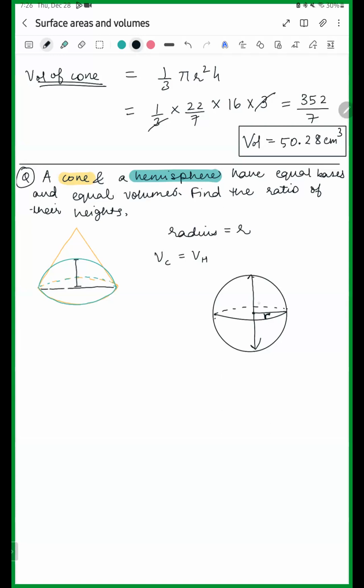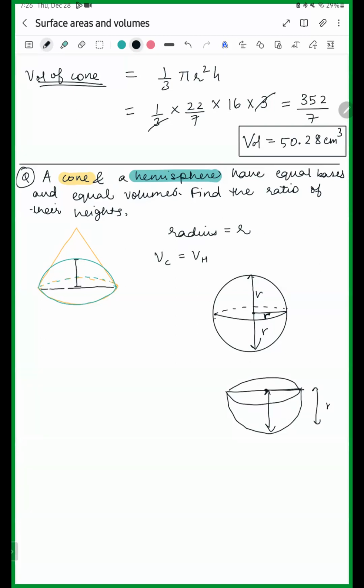Because from here to here it is r, and here to here also it is r, so the height of the sphere is 2r. But in case of a hemisphere, what is the height of the hemisphere?